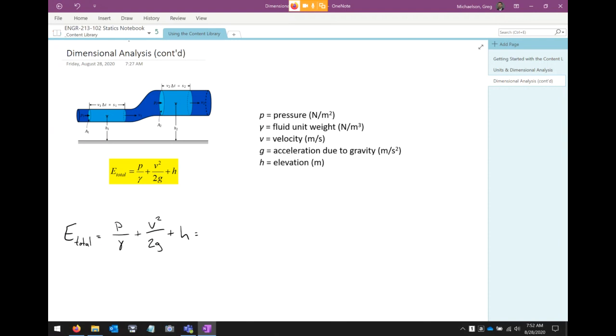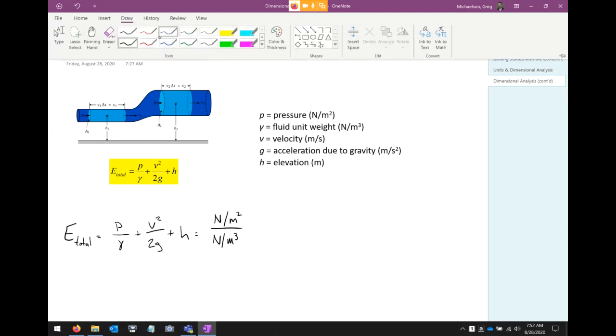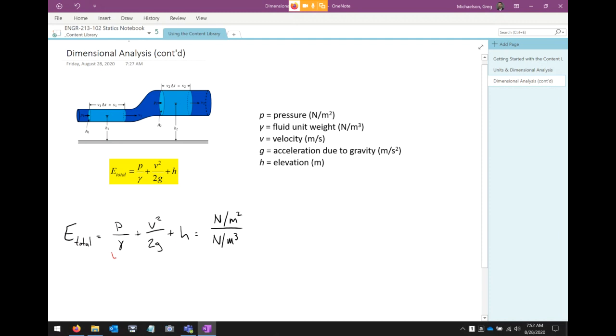So for pressure, pressure is going to be in Newtons per square meter, and on the bottom, this term gamma is Newtons per cubic meter. Okay, so just so you're following here on the screen, this fraction here is just that fraction.